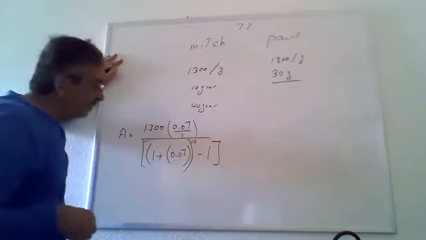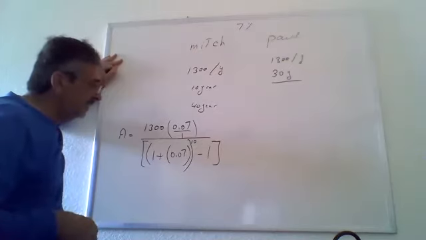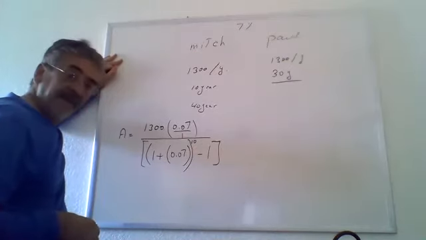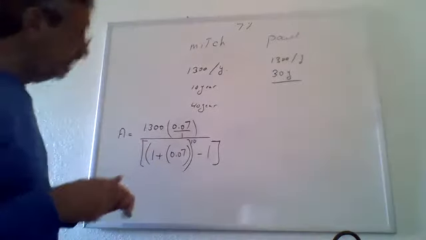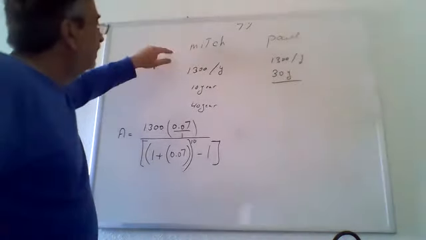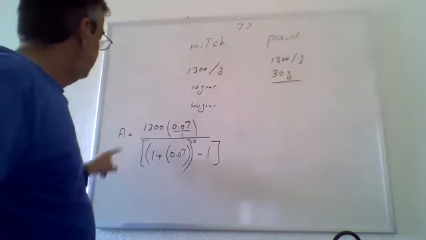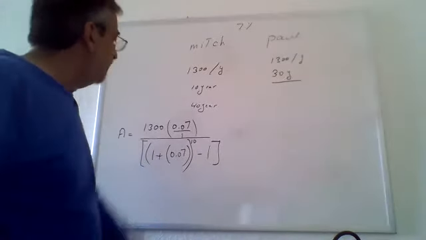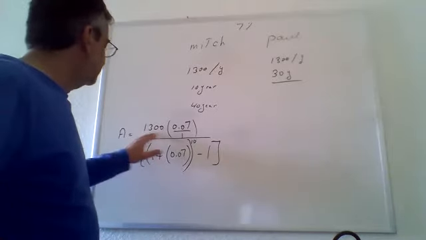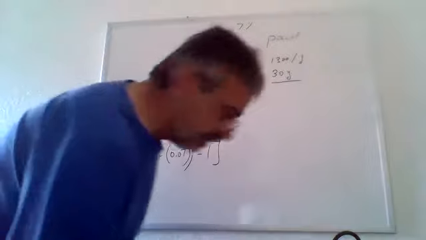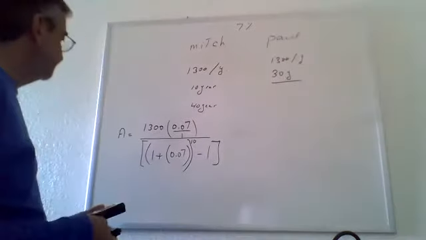Now, I know one of you already did that on an Excel sheet, right? Can you put those numbers in for me in A1? On the one we did on Excel, we were looking for the payment, right?